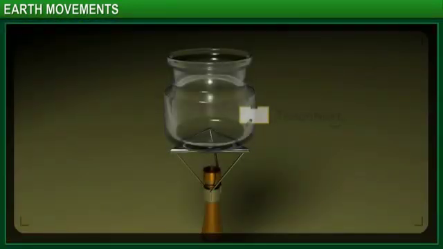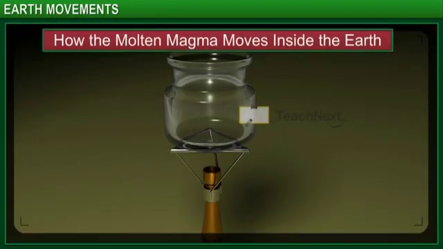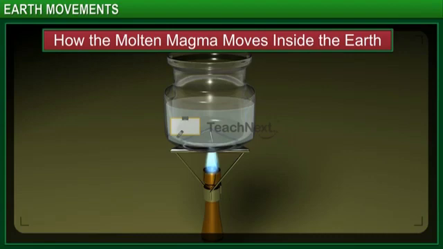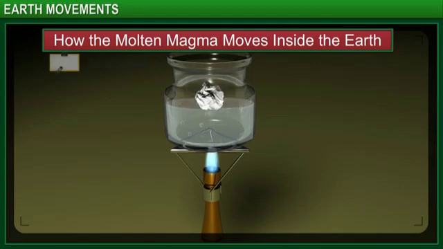Here is an activity to illustrate how molten magma moves inside the Earth. Fill half a beaker of water and put the beaker on a tripod burner. As the water starts boiling, put a crumpled paper in it. As you can see, for some time, the paper floats upwards along the warm upper layer of the water.